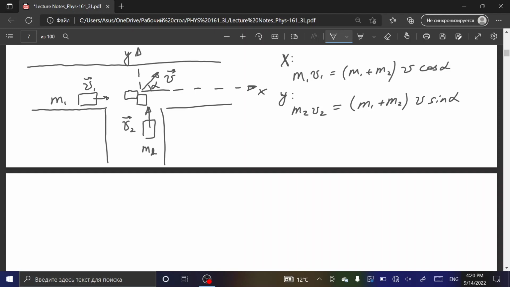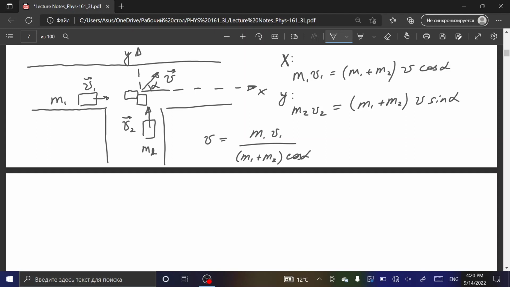So we can now express the velocity magnitude from either of these two equations. We can write v is equal to m1 v1 divided by m1 plus m2 times cosine alpha. But we still don't know this angle alpha, so we cannot determine the velocity magnitude.